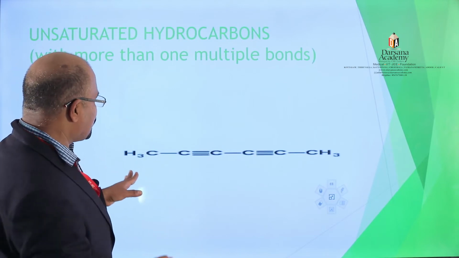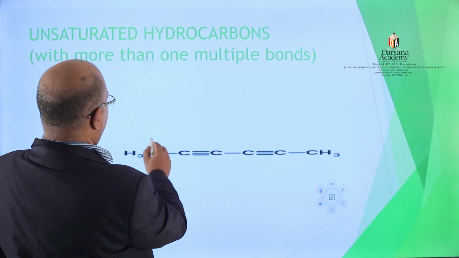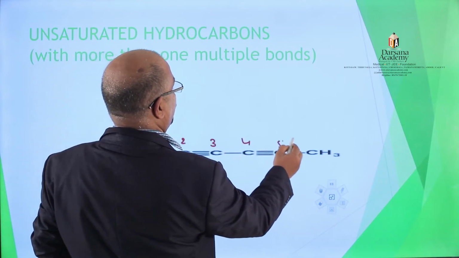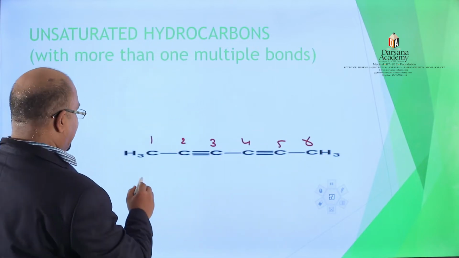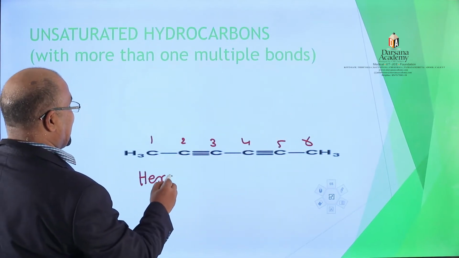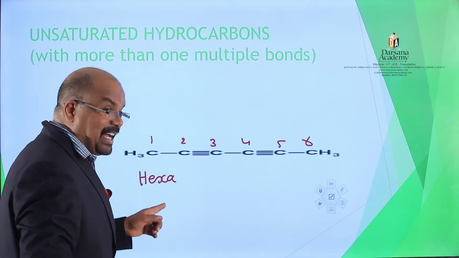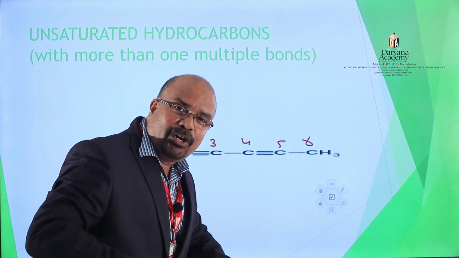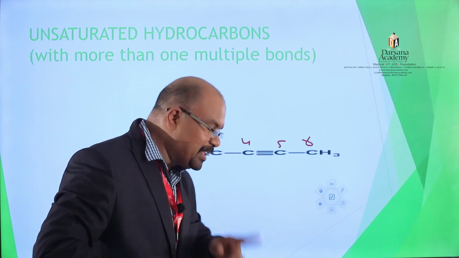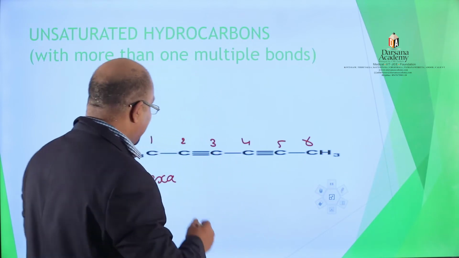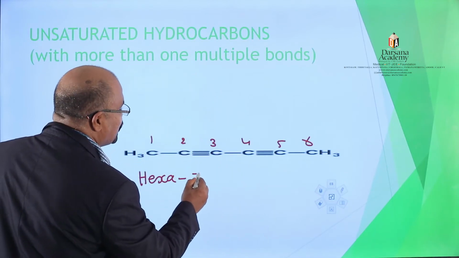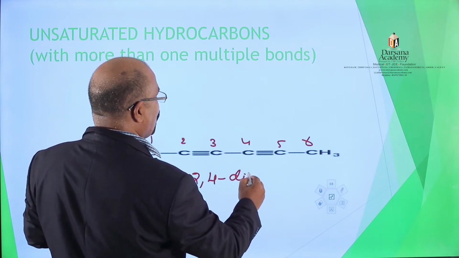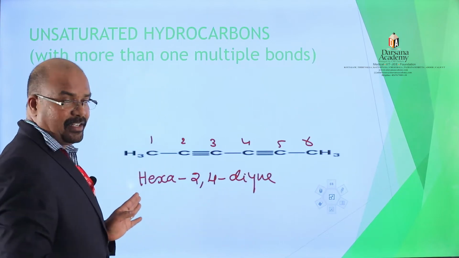In the same way here also we give numbering. So this is 1, 2, 3, 4, 5, 6 carbon atoms. What is the name of the compound? Hexa, not hex. Please remember, it must be hexa. If we write hex, the letter A is needed when a multiple bond, double or triple, occurs more than once. We must use the letter A with it. Hexa, and the positions? 2,4, what comes? Diyne. Hexa-2,4-diyne is the compound. Clear? Okay, the next.